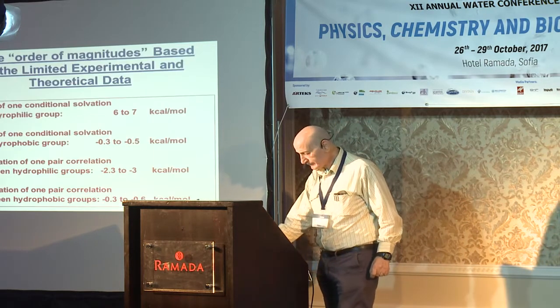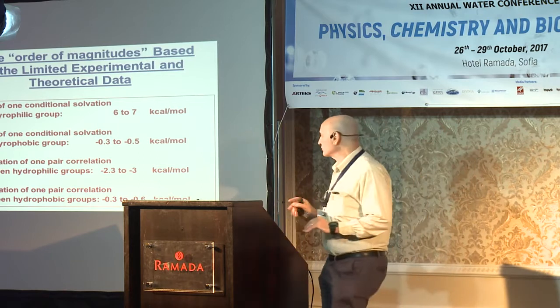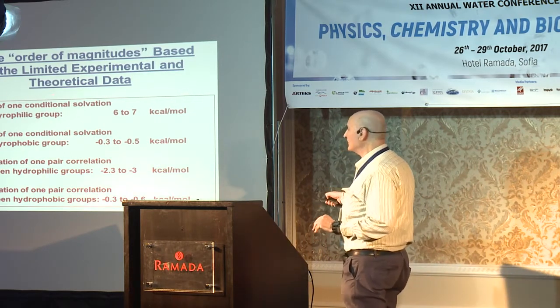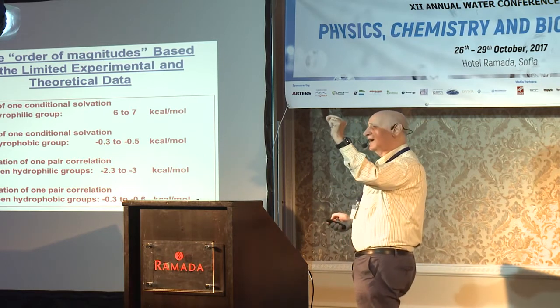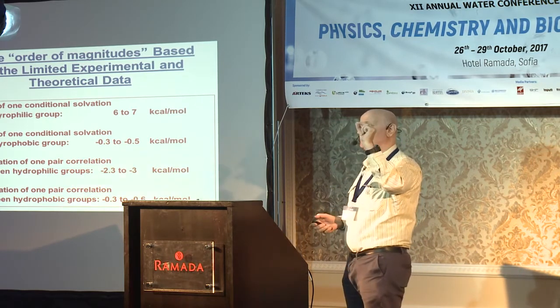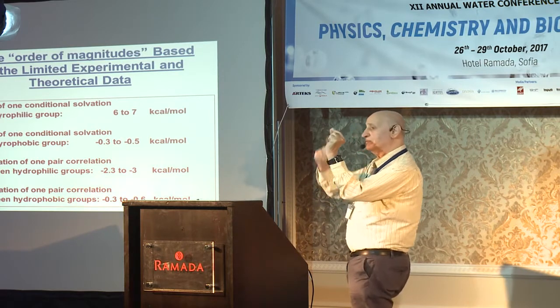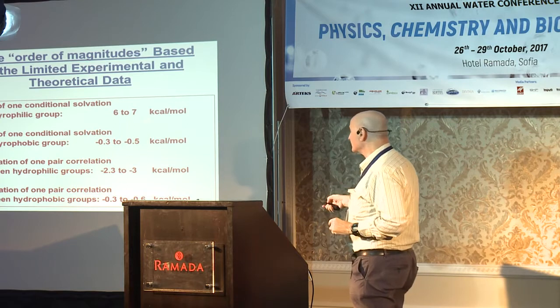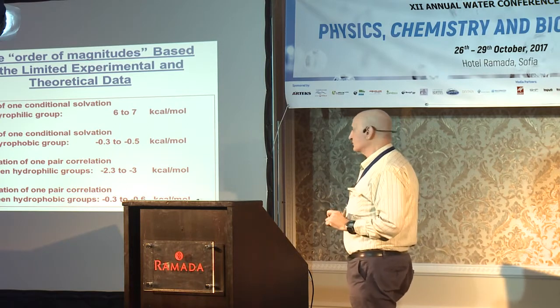Now, to give you just an order of magnitude, the loss of conditional solvation of a hydrophilic group, that is moving a hydrophilic group like CO or OH from being exposed to water into the interior of the protein, you lose about 6 to 7 kilocalories.